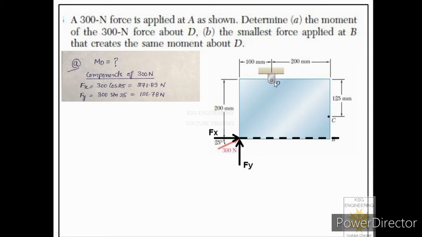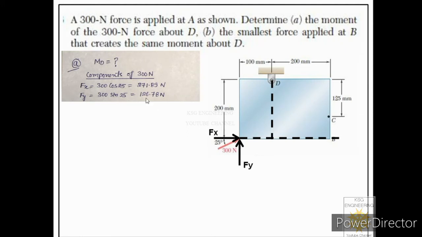Then from the moment center, drop a perpendicular onto it. So this is its moment arm. Now let us search for the length of this moment arm in the dimensions given to us. You can see this line is placed over here as well. It means its dimension is how much? 200. So the moment arm for component Fx is 200.